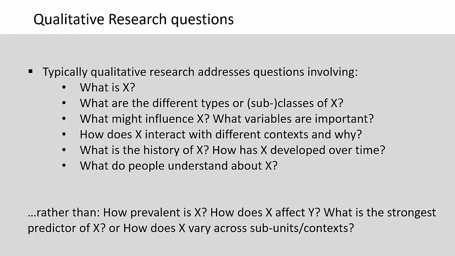You can also answer questions like what might influence something, or what variables are important. If you're working in pediatrics, you can ask, does going to a normal school help someone with autism spectrum disorder? That might be a qualitative question as well. For some of those questions, it's easier to use a qualitative methodology rather than a quantitative one, simply because the ethics of doing certain things won't be allowed in a quantitative method.